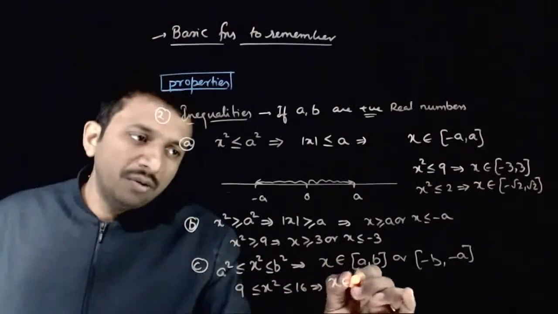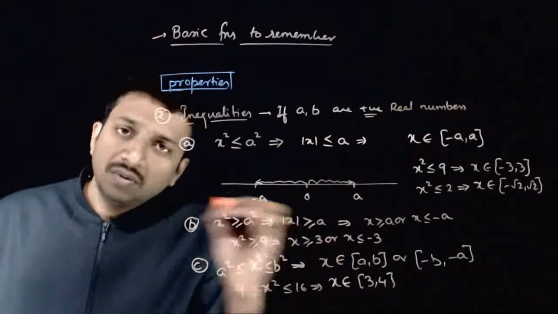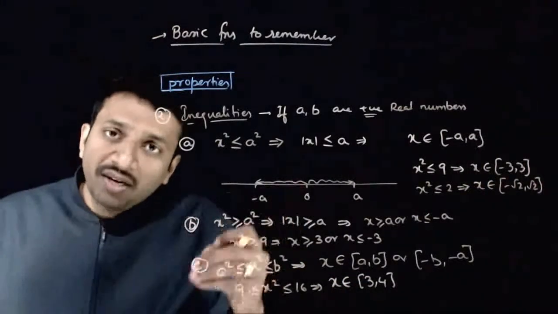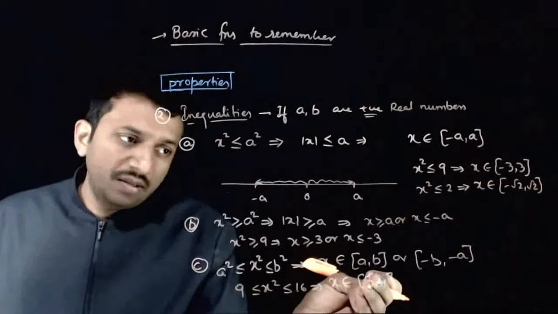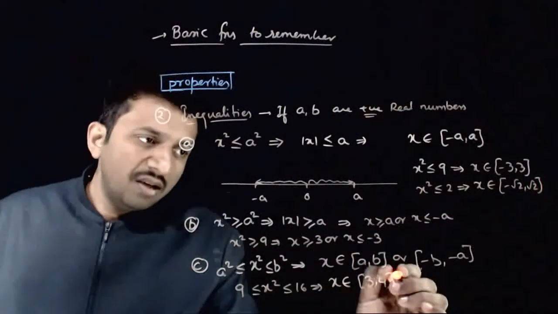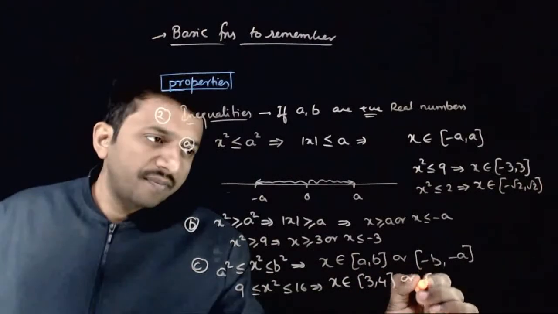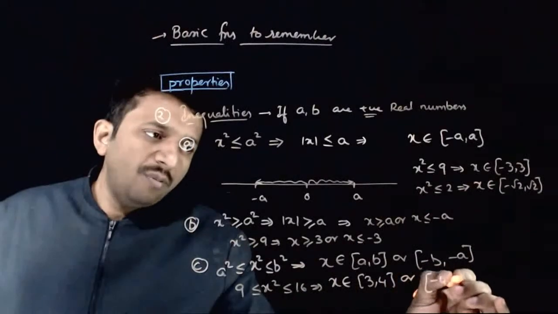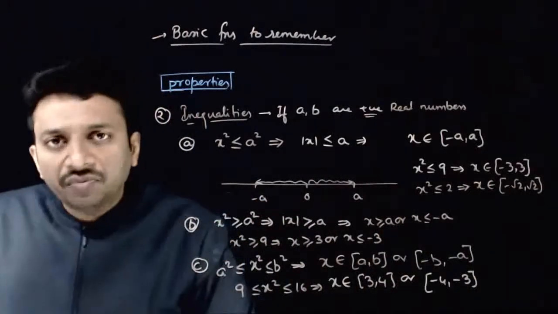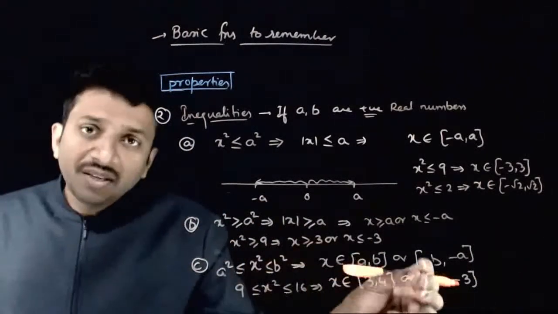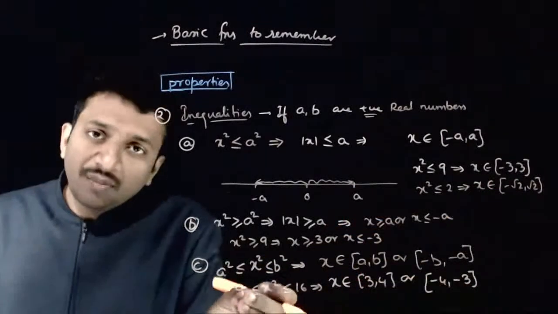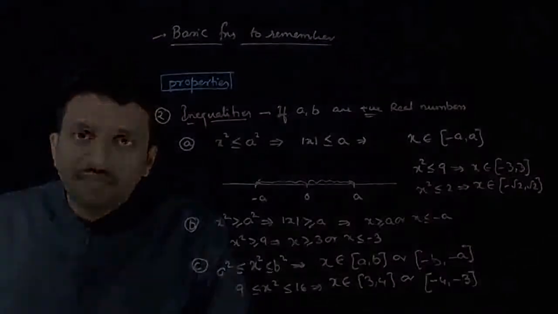So x can belong to 3 comma 4. If a number is in between 3 and 4, when you square it, the number will be in between 9 and 16, or minus 4 to minus 3. If the number is in between minus 4 to minus 3, when you square it, the number will also be in between 9 and 16.